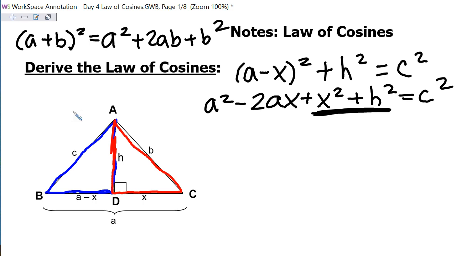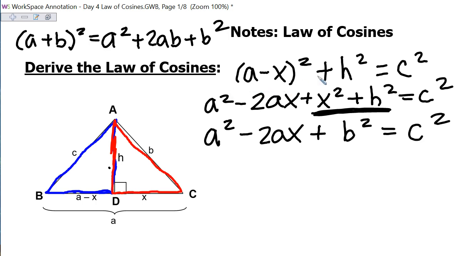Yeah, b squared. That's the Pythagorean theorem. So this would be a squared minus 2ax plus b squared equals c squared. So we replace the x squared plus h squared with b squared.